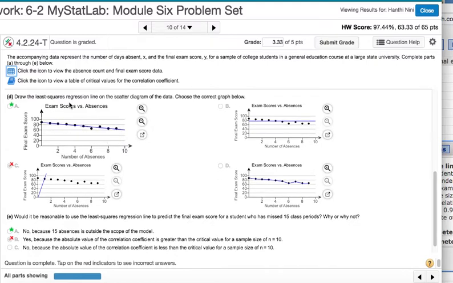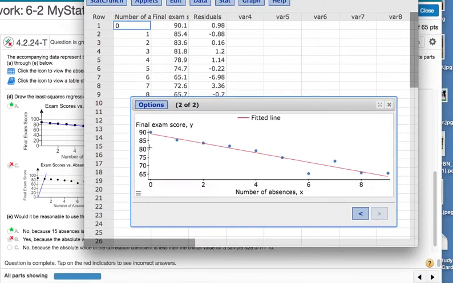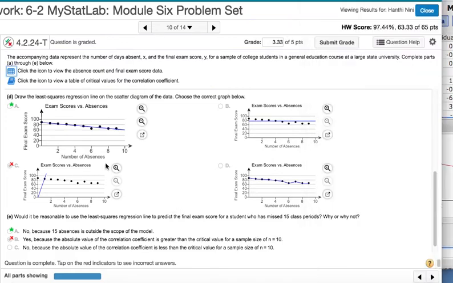Now here we already have the graph that StatCrunch did for us, and we'll notice the pattern. We have what's called a fitted line, and it's going downhill, so we know that from the slope being a negative number as well. So this looks good. This one doesn't look correct.